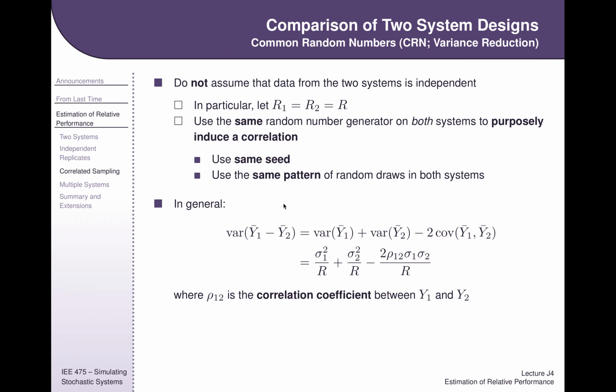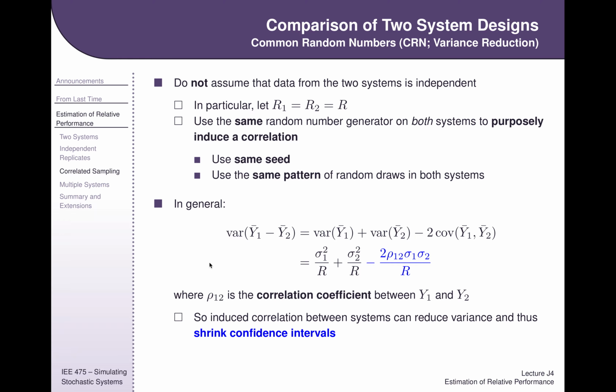And if you think about the standard error of the mean, then this is going to reduce the numerator of the standard error of the mean, and that's going to then shrink the confidence interval. So we can shrink confidence intervals without adding replications by adding correlations between the two different things. And so that's what we're trying to do. We're trying to shrink these confidence intervals.